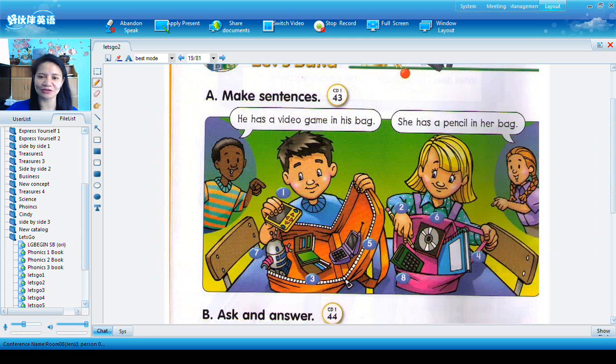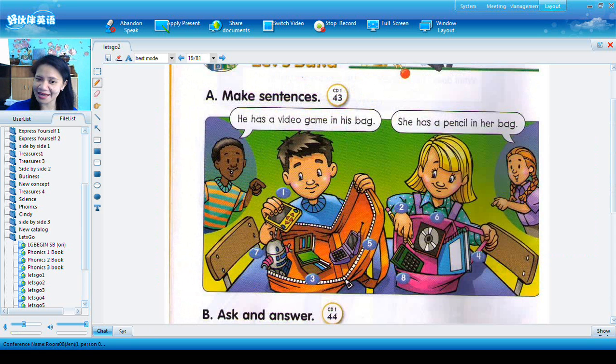Now as you can see here, let's have a review on making a sentence using the word has. Now look at picture number 1 here. What does he have? You'll say, he has a music player.